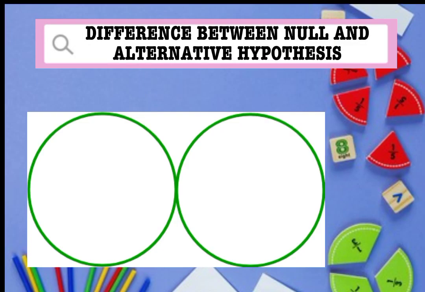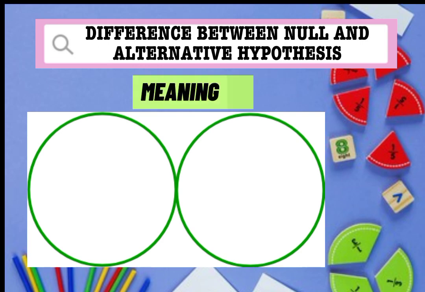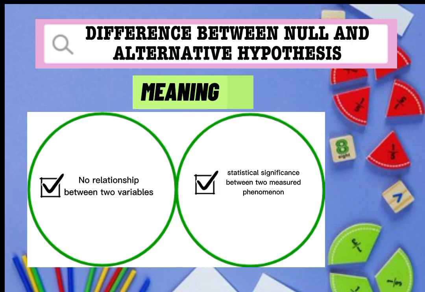The important points of difference between null and alternative hypothesis are explained as follows. One, meaning: a null hypothesis is a statement in which there is no relationship between two variables, and an alternative hypothesis is a statement that is simply the inverse of the null hypothesis. For example, there is some statistical significance between two measured phenomena.